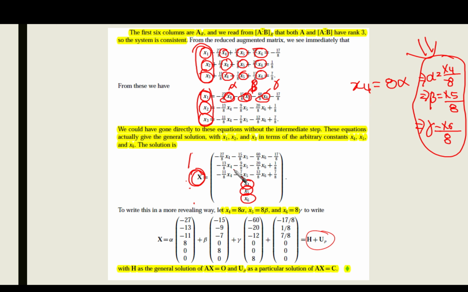As we said, it is better to put this in a form that is easy for us to understand. And this form is that x equals alpha times the vector. And this vector we can read from here, which is related to alpha, as we said, alpha is x4 over 8. And then beta, which is x5 over 8. And then gamma, which is x6 over 8, times these ones. And then plus the last vector here.